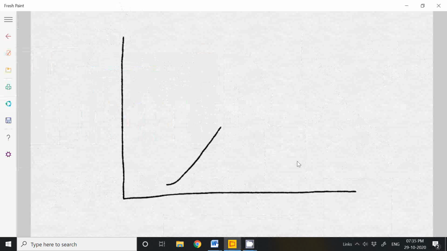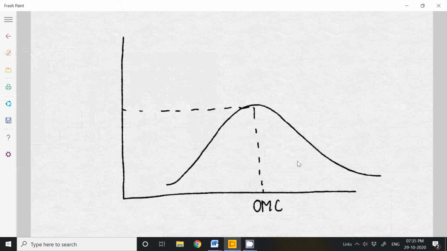So suppose this one is the curve. So when you're giving a higher compactive effort, the increase in dry unit weight is more on the dry side. This is the dry side, this is the wet side.